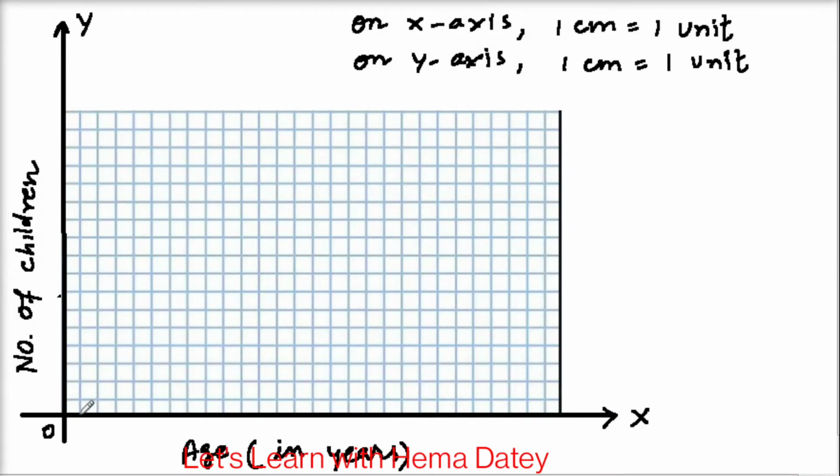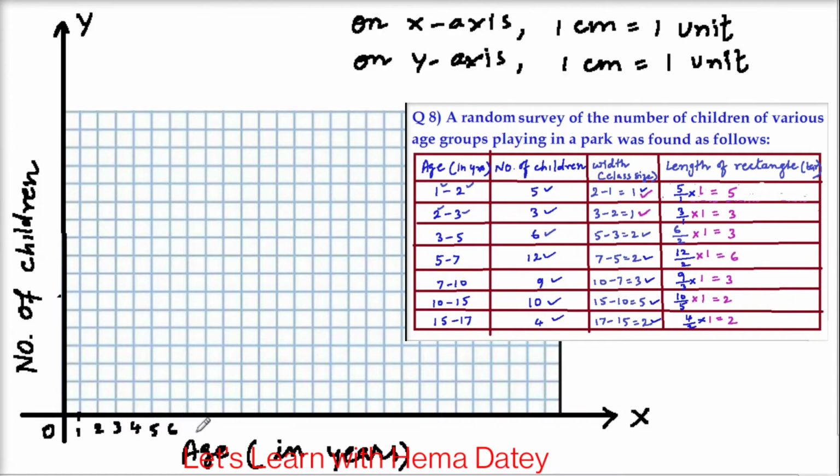You can choose a scale according to your convenience. The maximum age of the child who is playing in the park is 17 years, so I will mark from 1 to 17 on the x-axis. Now in the column of adjusted frequencies, the highest number is 6, so I am marking 1 to 6 on the y-axis.